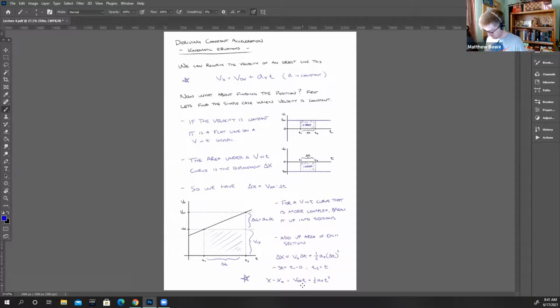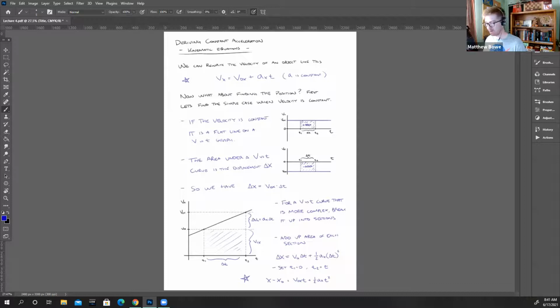I need to know time, initial velocity, and acceleration, and the initial position in order to find out the change in position. So these are very powerful tools, but you need a lot of information for them to work properly. What if we don't have all of that information?